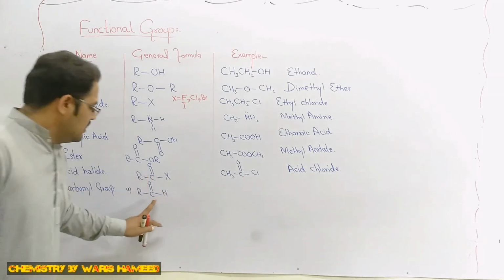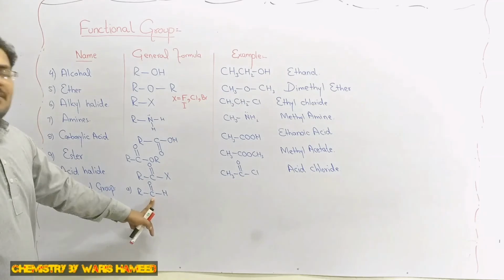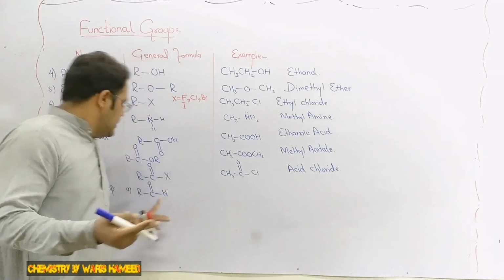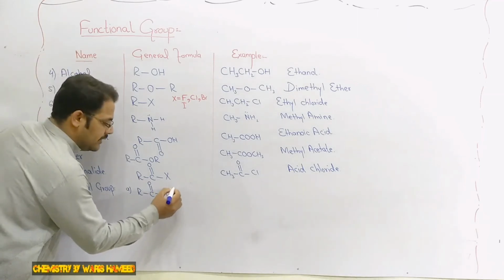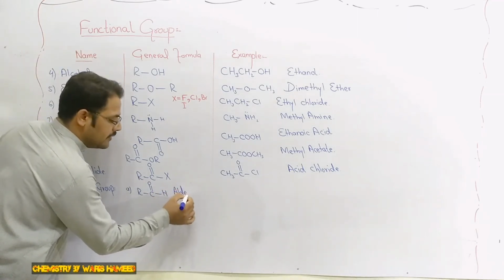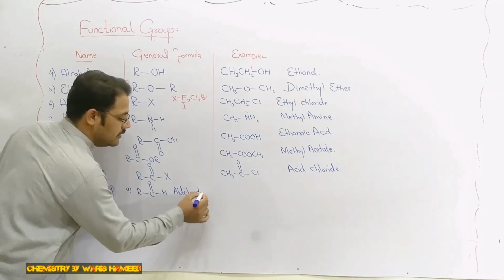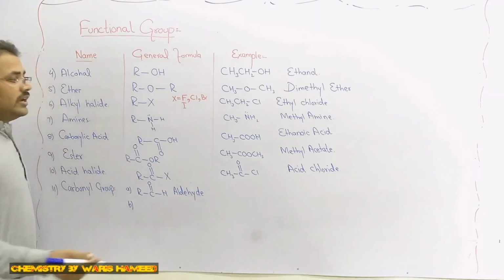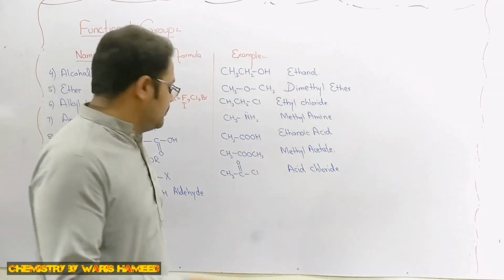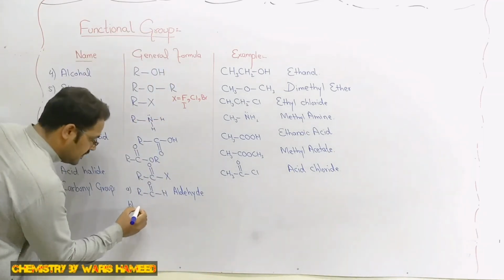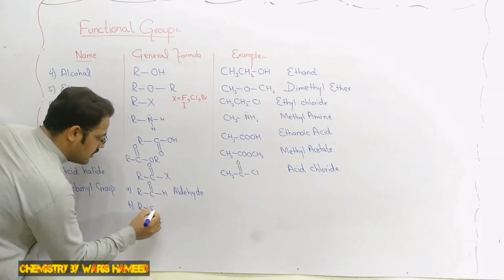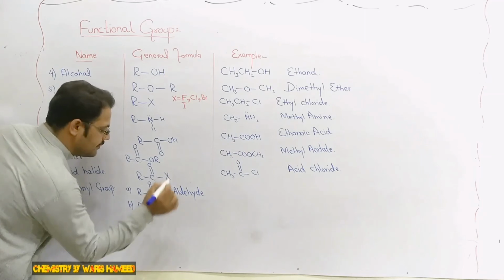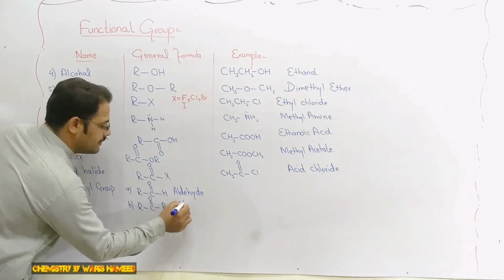In this case, the main carbon atom is bonded to a hydrogen atom and it is aldehyde. The next type of carbonyl group is ketone: R group, carbon double bond oxygen single bond R group. It is ketone.